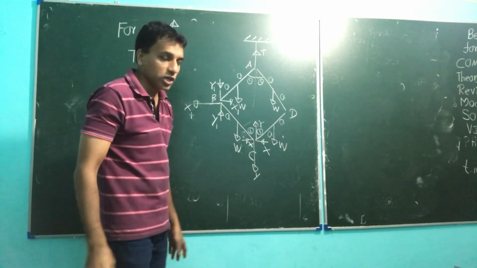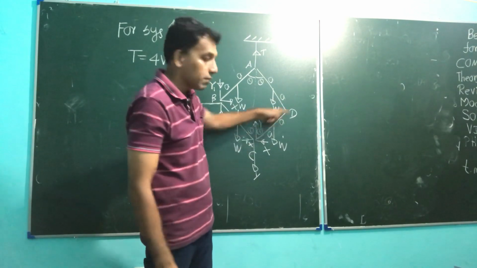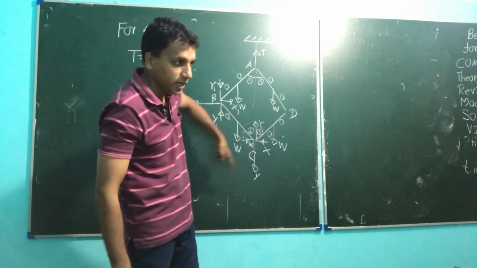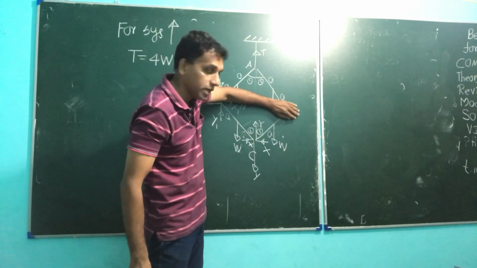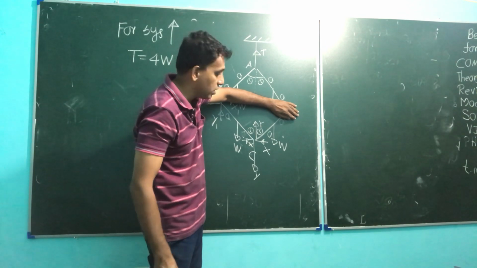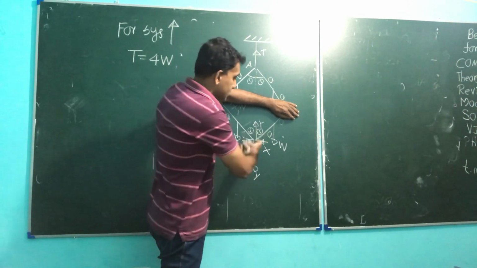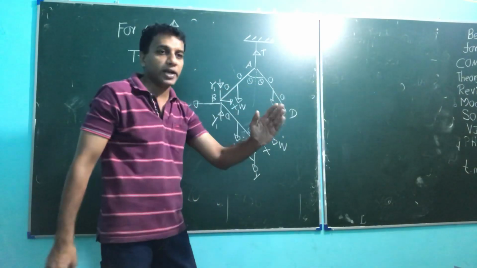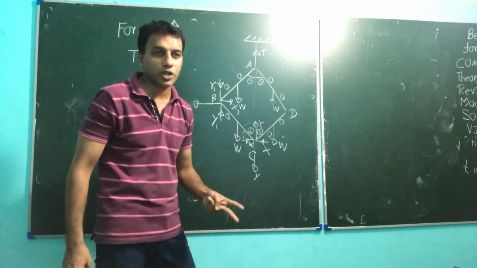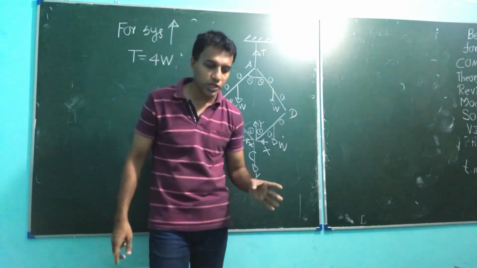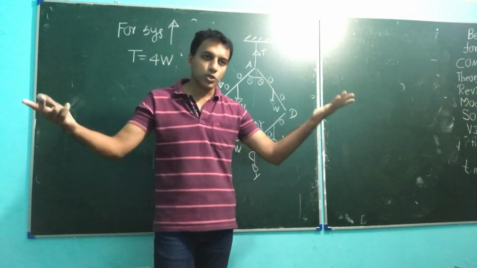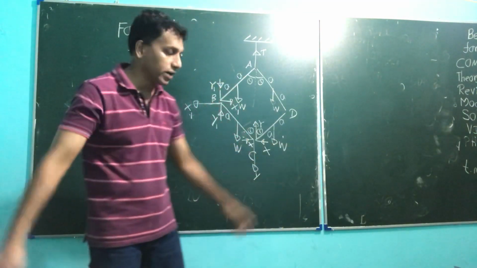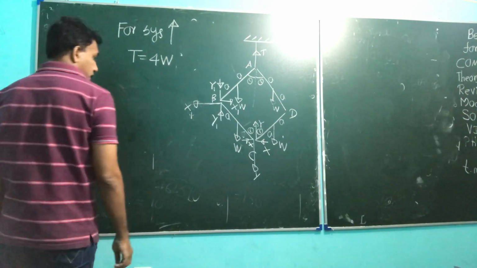In the same fashion, come to rod CD, take moments about D. What are the forces? X, Y, W. Another equation. Then you have two equations, two unknowns, solve and find both. That's the meaning, right?